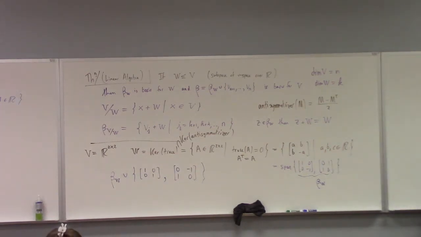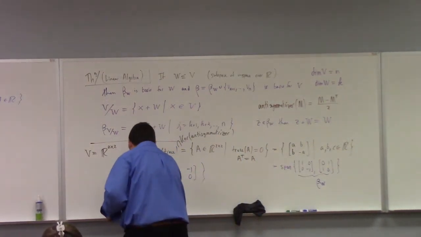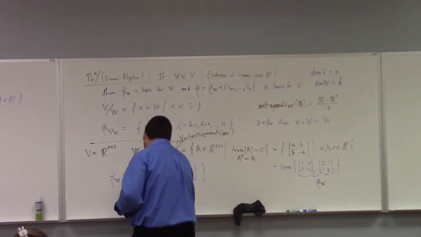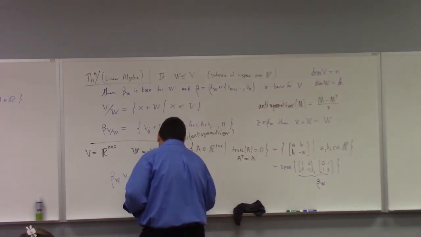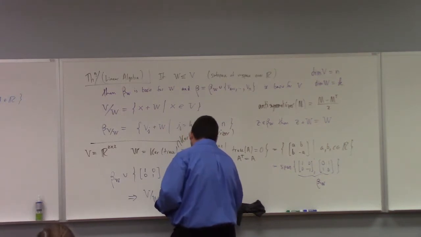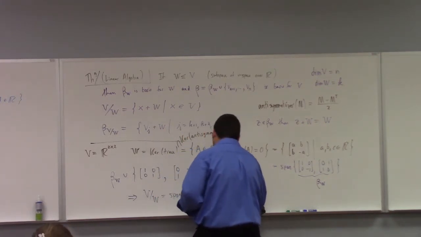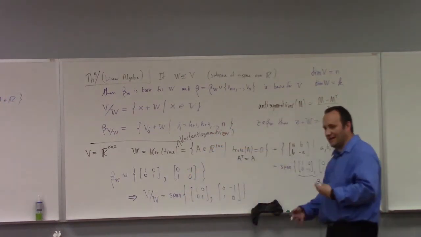Pretty sure they're linearly independent. Which says to me that V mod W I can build as the span of the identity and 0, minus 1, 1, 0, because again, that's the part of the basis for 2 by 2 matrices which is not in W.